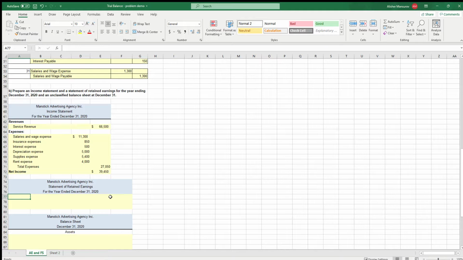Next, we'll prepare a statement of retained earnings. So here we'll start with retained earnings at the beginning of the year.